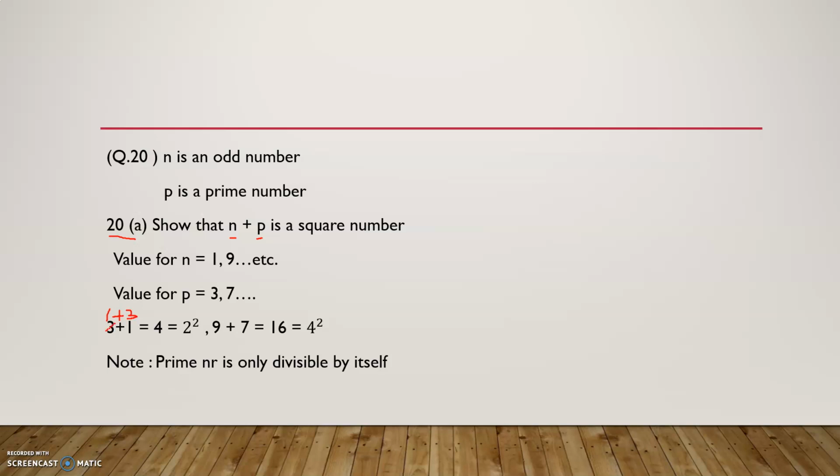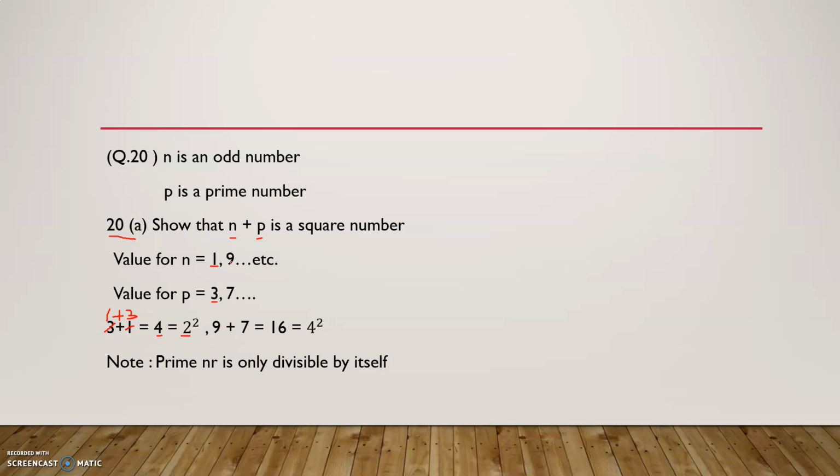It's not 3 plus 1, sorry. Should be 1 plus 3. So the value for n is this 1, and the value for p is this 3. If we add them together, we'll have 4, which is the square of 2.